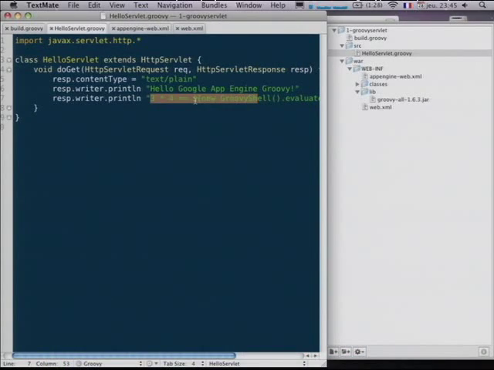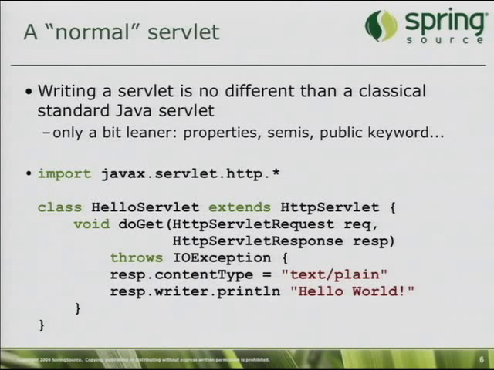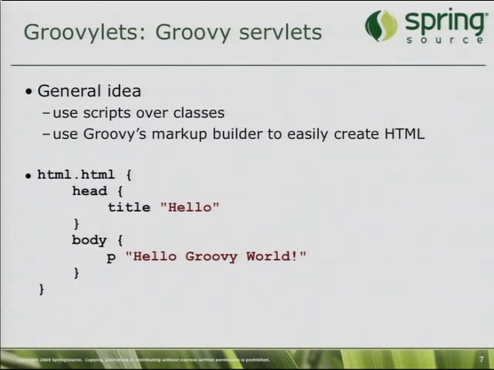And although what you really just wanted to show was to print hello Google App Engine and to print some value there. So what if we were able to just do that, println hello Google App Engine, and println some value there? And actually, that's what Groovlets are for.